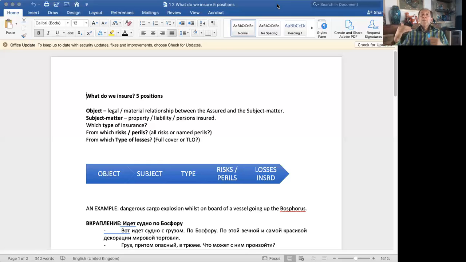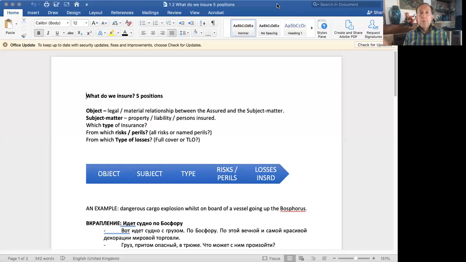Then it would have some financial limits, sums insured, for instance, some deductibles. So not all risks, even which are more physically included in the policy, would become losses insured. No, there is quite a distance between a risk, a peril, and a loss insured. So these 5 positions, we want to have them insured.